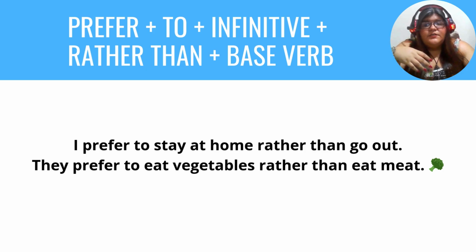It doesn't matter. It's grammatically correct, and also we can use them in one sentence like these ones, right? For example, I prefer to stay at home rather than go out. They prefer to eat vegetables rather than eat meat.